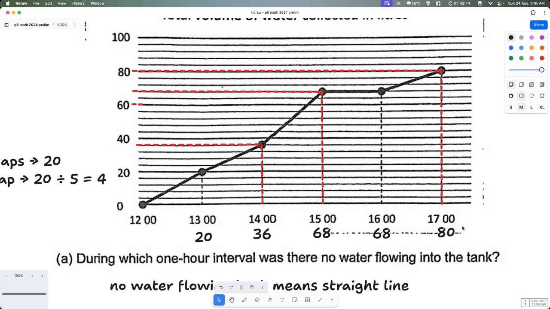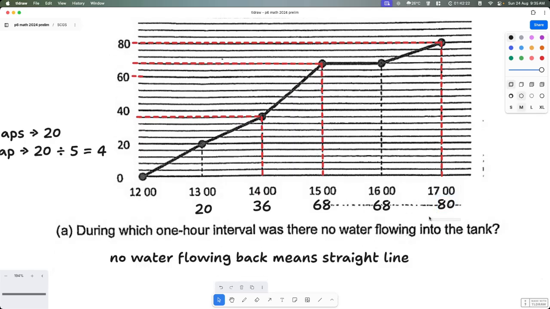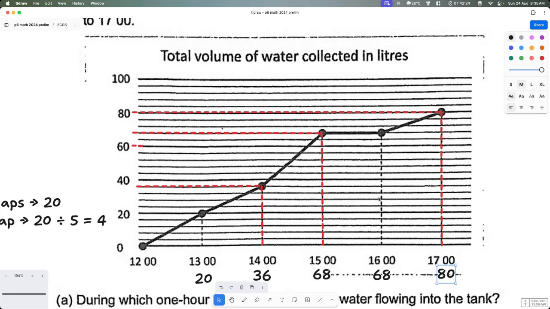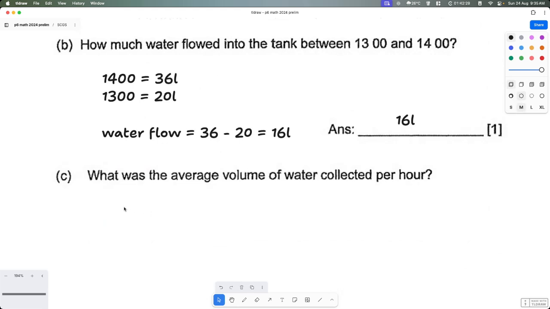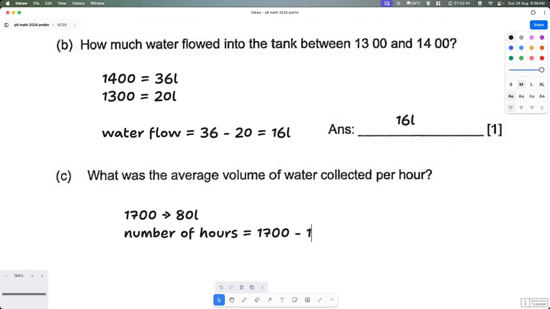So what was the average? We don't need to calculate everything. We just calculate the final one, then divide by the hours itself. At 1700, let's go to 80 liters, right? And the number of hours is equal to 1700 minus 1200, which is equal to 5.